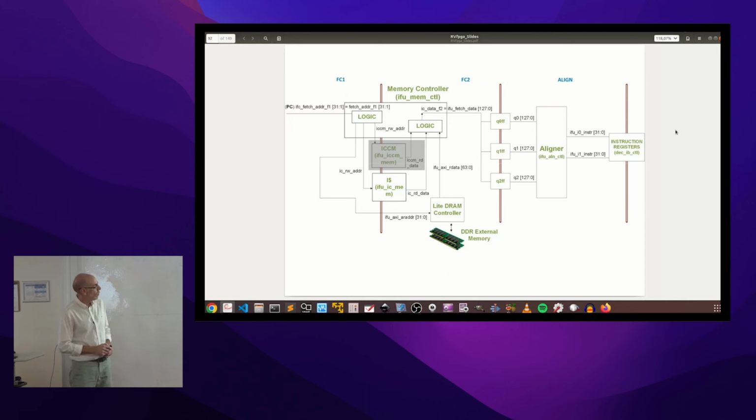A 128-bit bundle is fetched every 2 cycles. So note that these are 32-bit instructions. So 128 bits is space enough for 4 instructions, unless they are compressed. RISC-V includes, and this processor supports the compressed extension, which has 16-bit instructions.